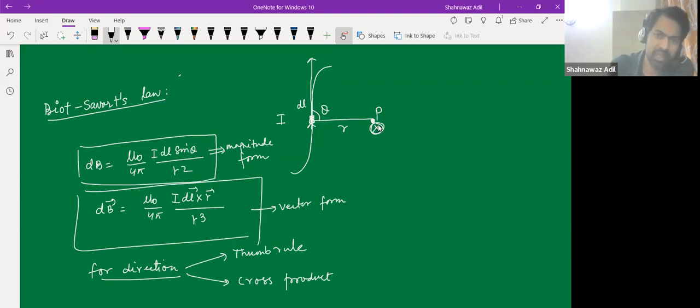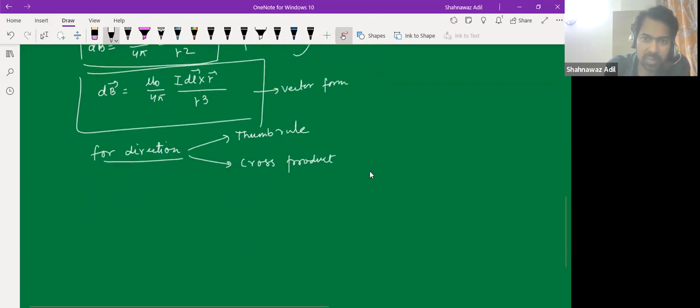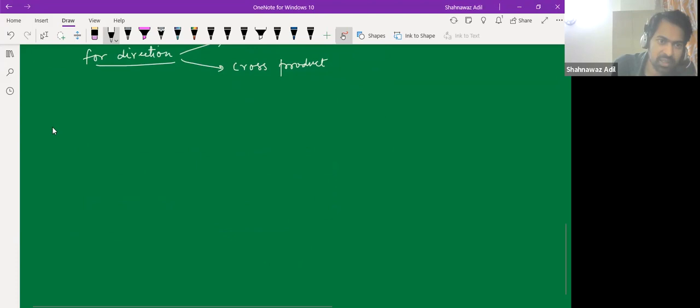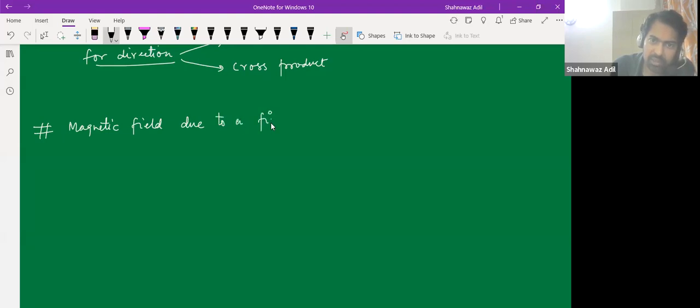And then, this was the Biot-Savart's law, and using the Biot-Savart's law, we calculated the magnetic field due to a finite wire.